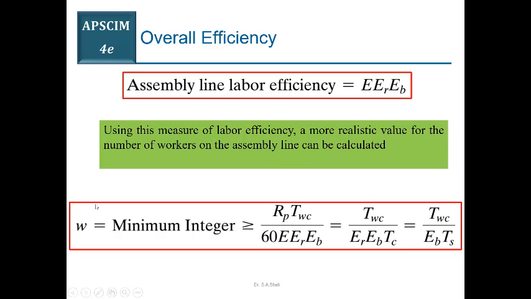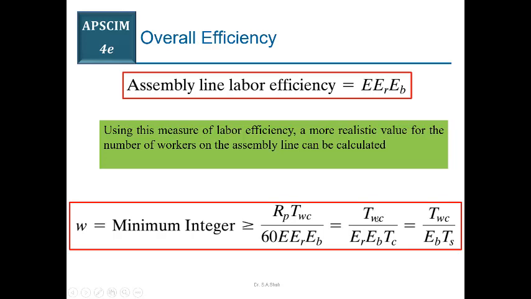And as far as the number of workers or number of workstations are concerned, so simply W जो है वो आपका TWC divided by TC है, but if the line efficiency or the repositioning efficiency or balance efficiency is given, so you can come up with a more realistic value for the number of workers also by using those figures.